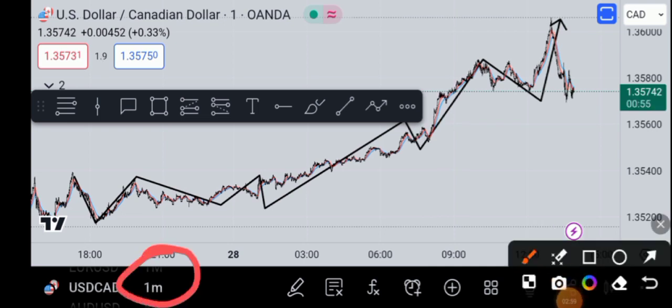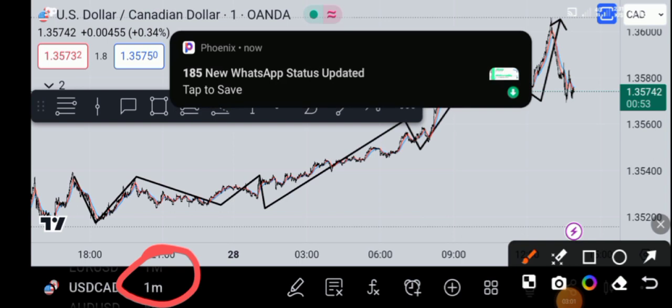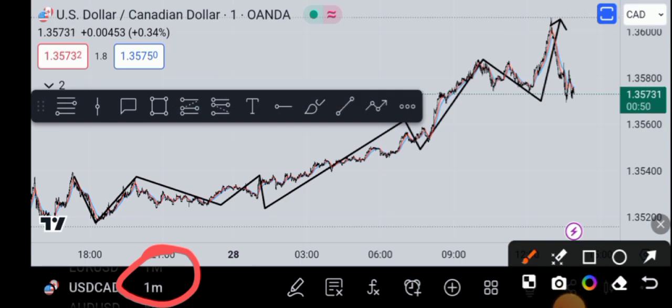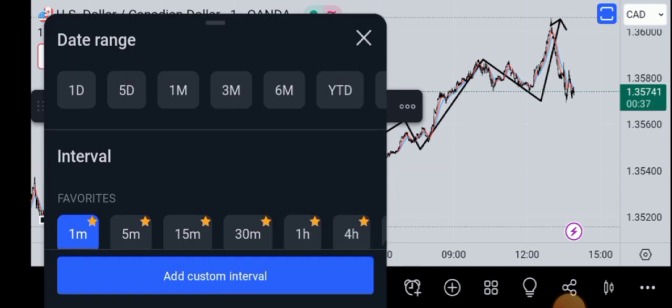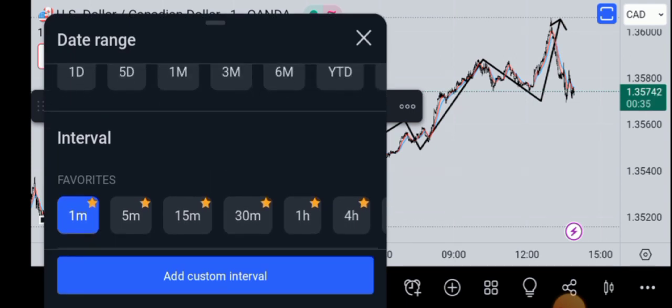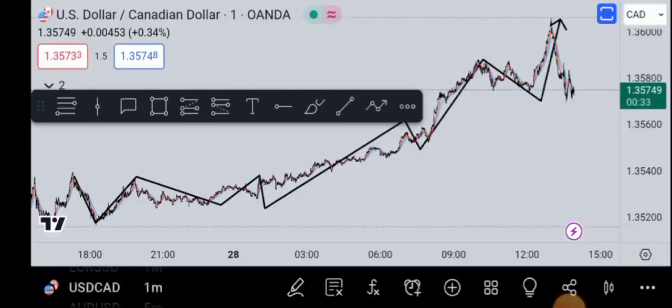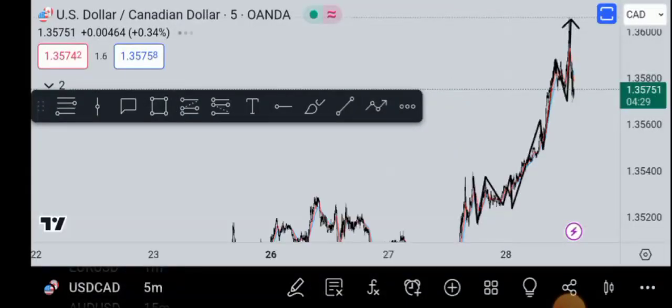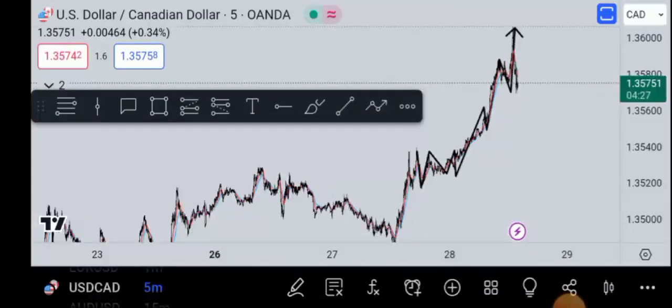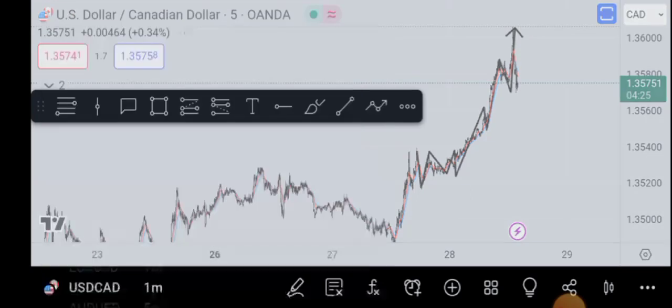This is a 1m, meaning 1 minute or 1 month, depending on your choice. I can come here, click on this place, and you can see this is actually a 1 minute time frame. We have a 1 minute, we have the 5 minutes, depending on the one that you actually prefer to analyze your chart.